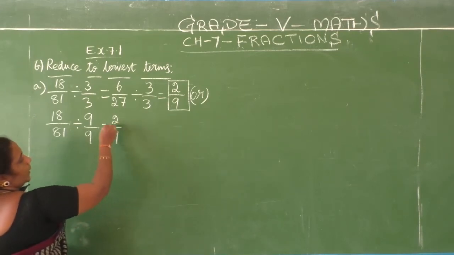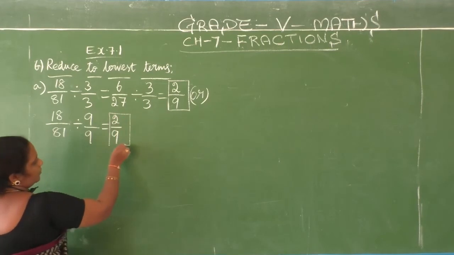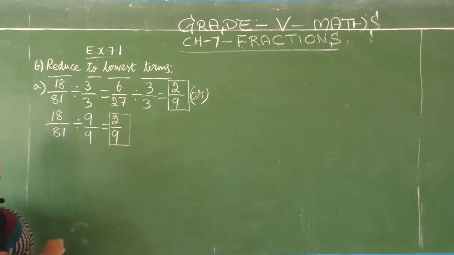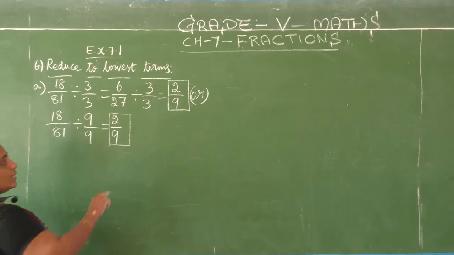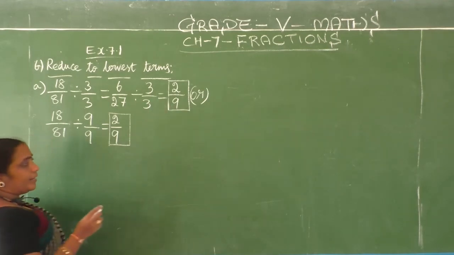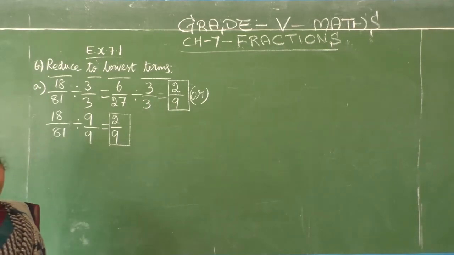See, here also 2 by 9. Hereafter we cannot reduce this fraction. This is the lowest form of 18 by 81. Both answers are the same. You can use any method, that is your wish.